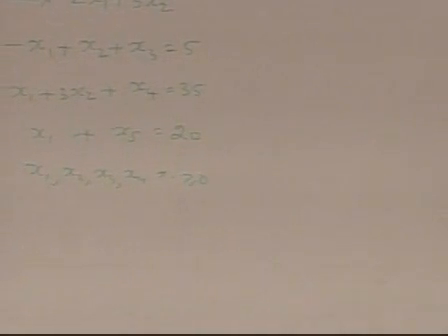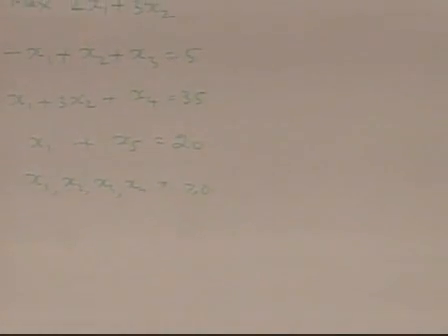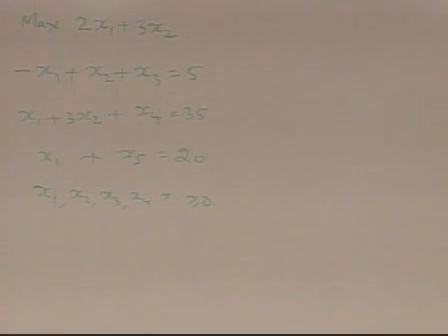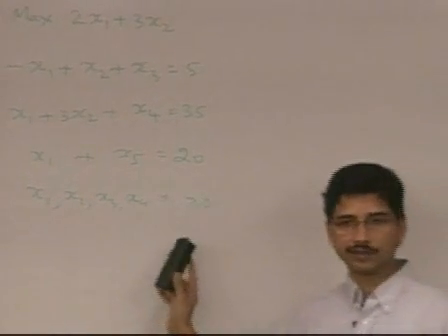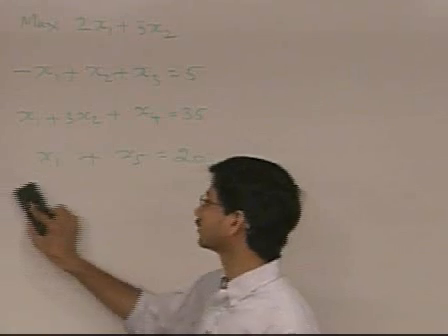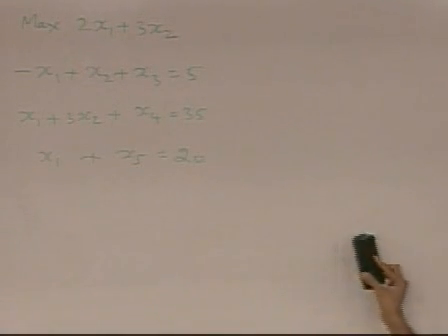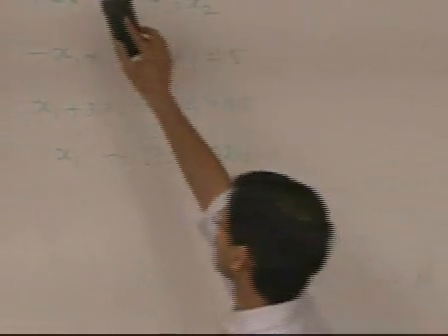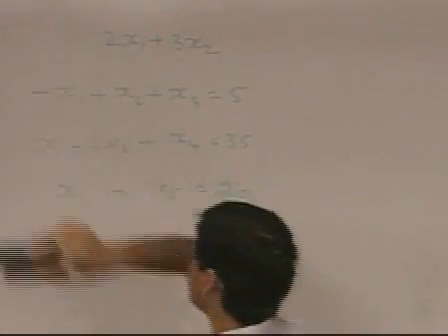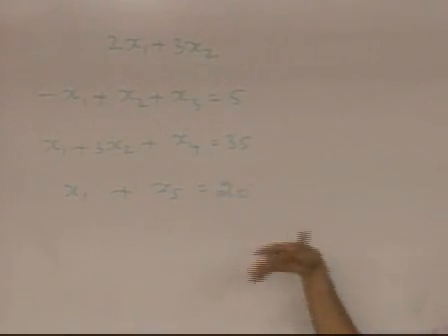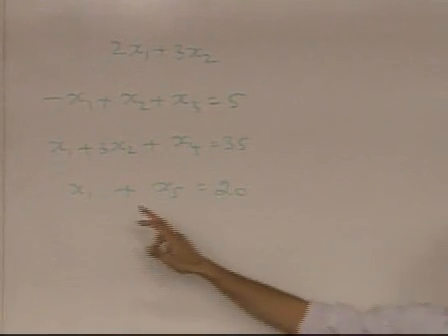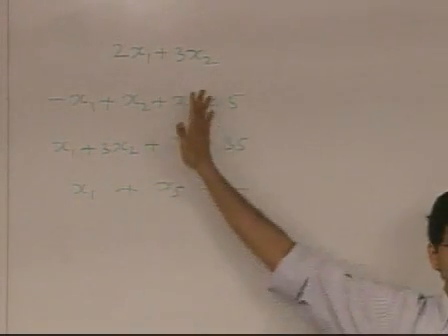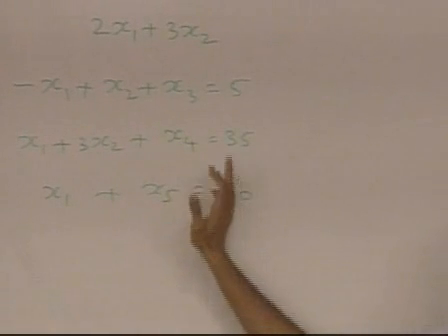Because we are always going to work with canonical form problems, unless otherwise mentioned, we'll take all variables to be non-negative. So I don't have to tell you this. And we'll take the objective function to be maximization, so I don't have to tell you this. So when you see something like this, you should already know that we're looking for values for x1 through x5 satisfying all of these equations and maximizing this.